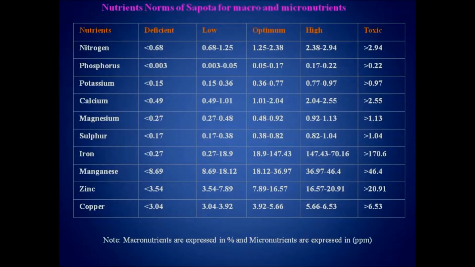These are the optimum nutrient ranges: nitrogen 1.252 to 2.38, phosphorus 0.052 to 0.17, potassium 0.362 to 0.77, calcium 1.012 to 2.04, magnesium 0.48 to 0.92, sulfur 0.38 to 0.82, iron 18.92 to 147.43 ppm, manganese 18.12 to 36.97 ppm, zinc 7.89 to 16.57 ppm, copper 3.9 to 5.6 ppm.